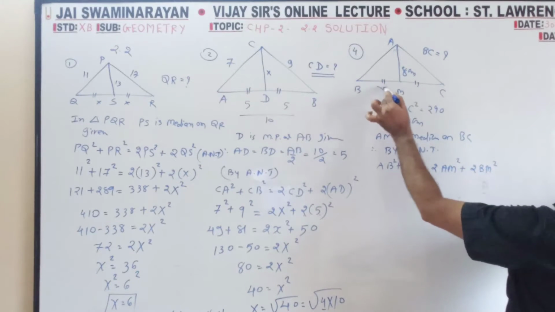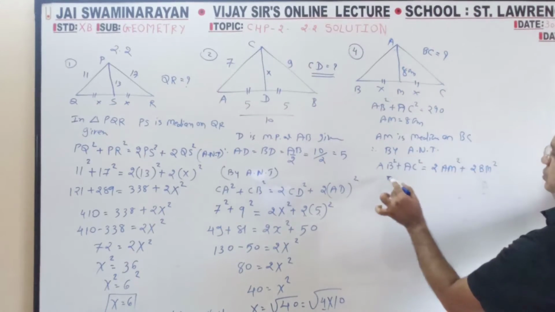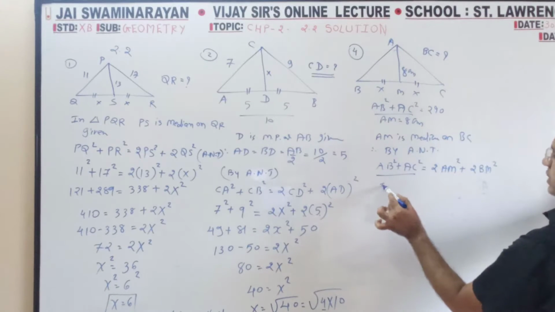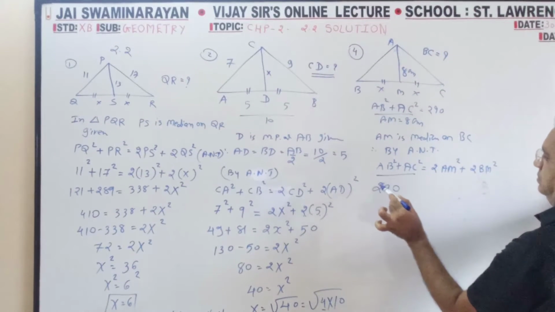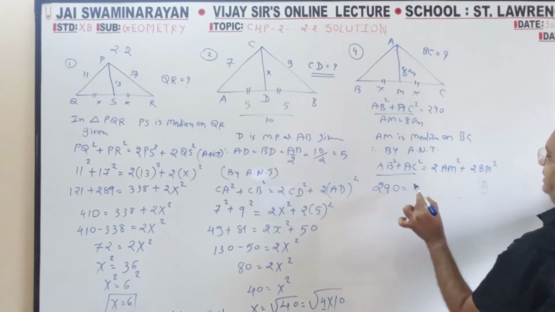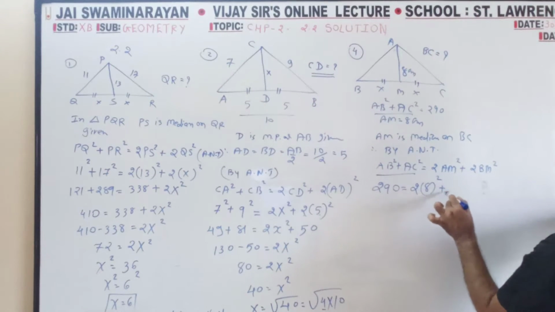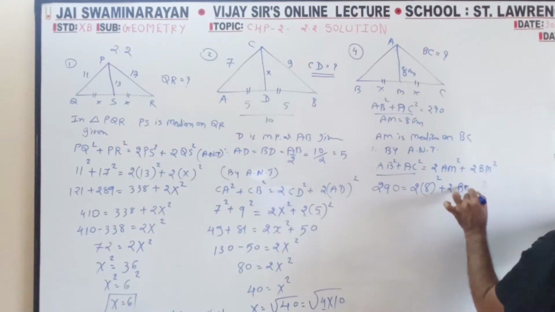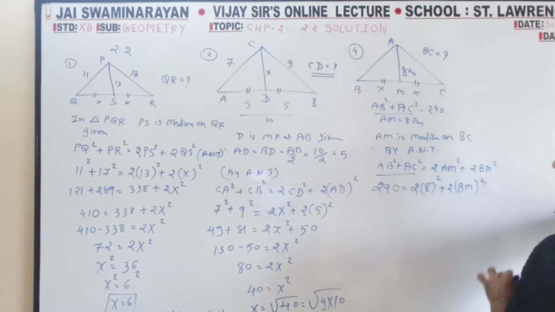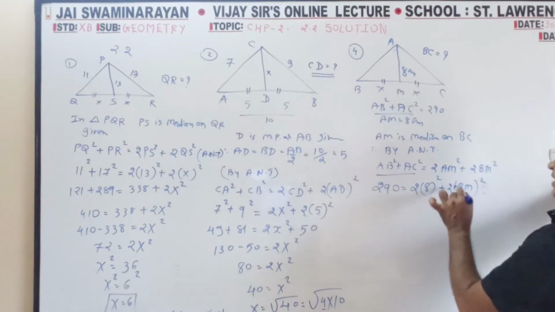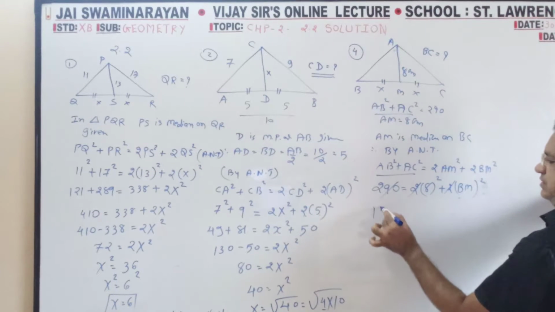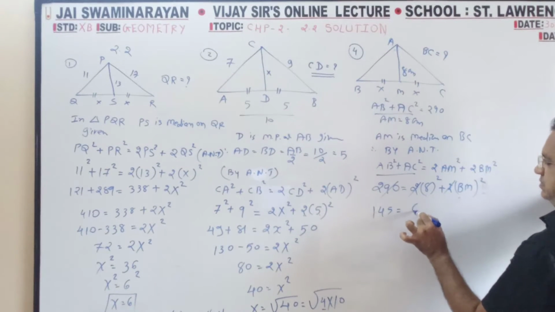Any part you can take x. So this total is given, 290. 2 times AM, 2 times 8 square, plus 2 times BM square. Now make it half.